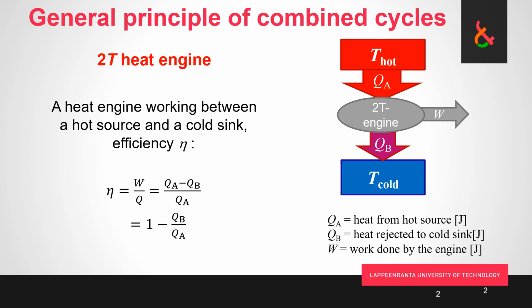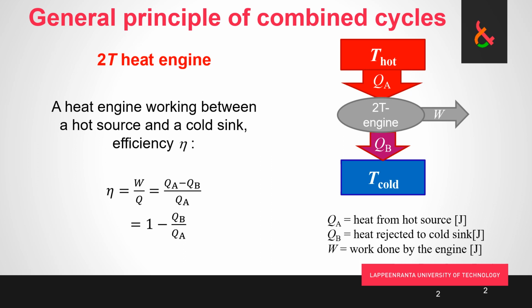So the efficiency is then defined as this amount of work that we do divided by the amount of heat QA. Or alternatively, we can represent the work as the difference of these two heat flows.